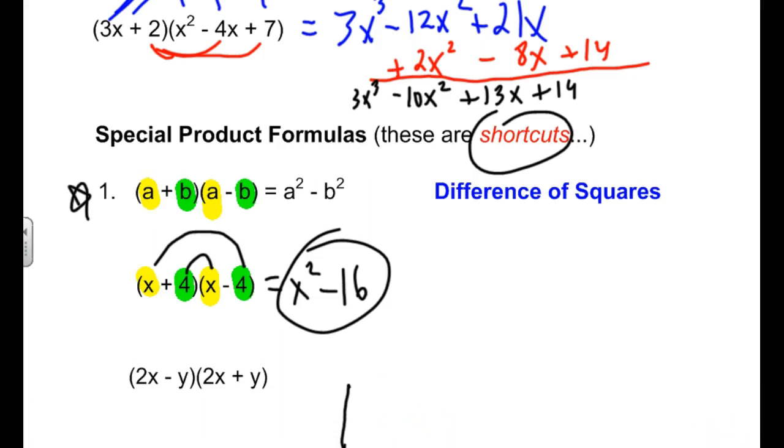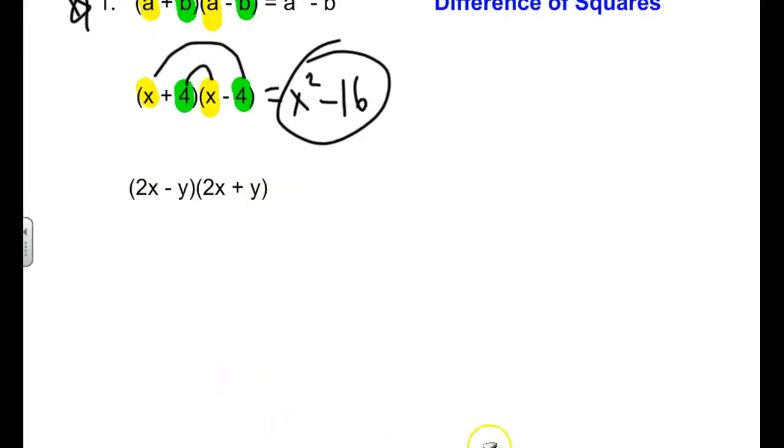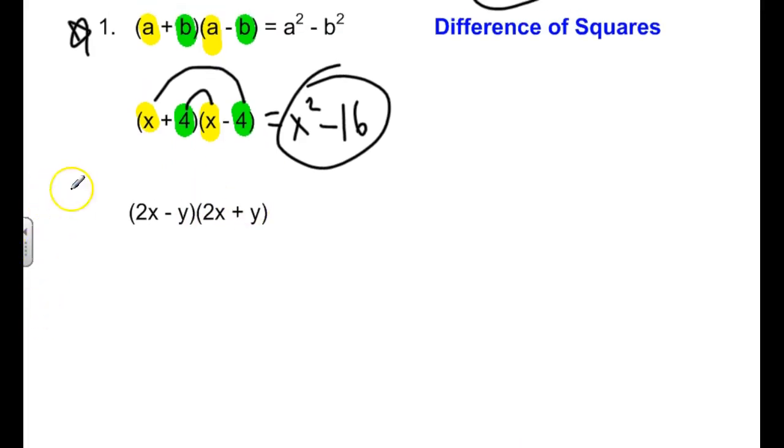This is just a little bit more difficult problem here. See the pattern here of the difference of squares. I just want you to see something like this. So with this one, you can see that the A is 2x and the B is y.